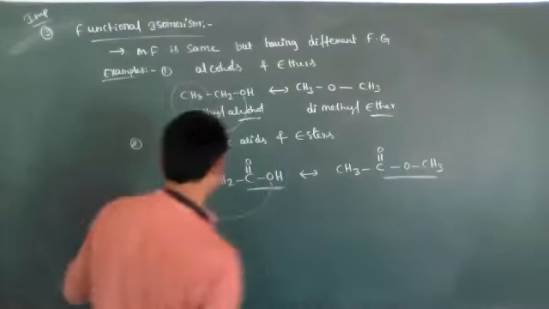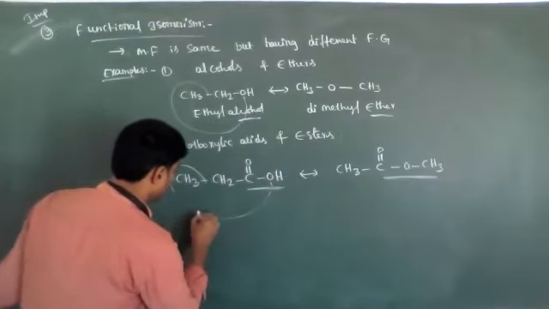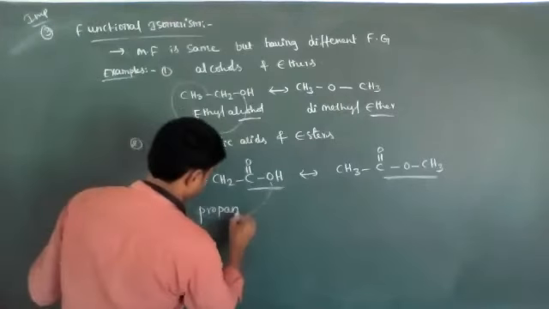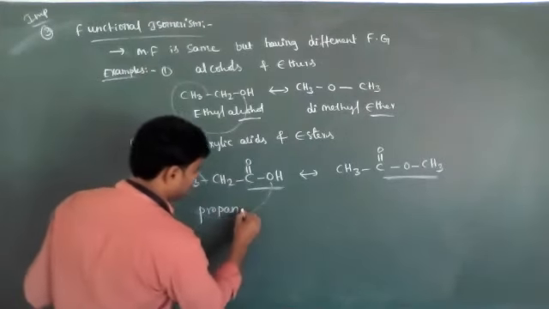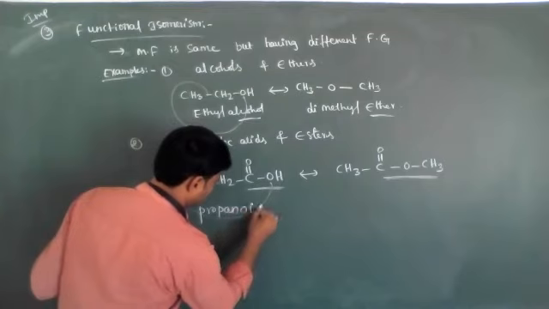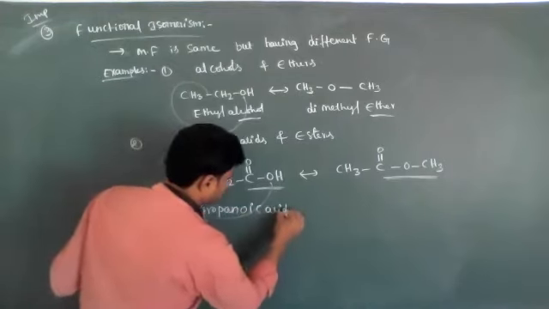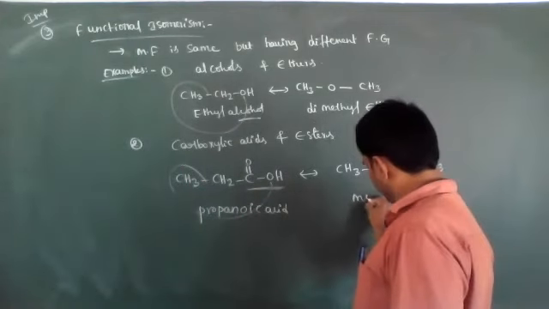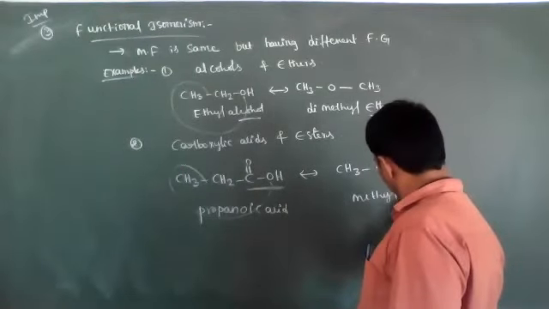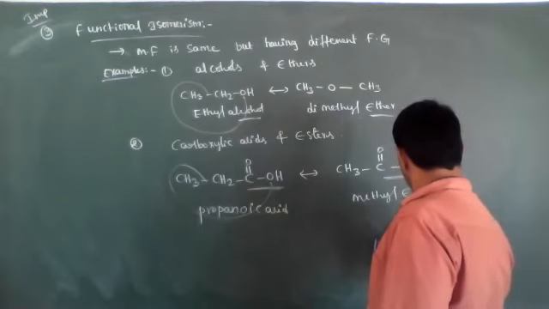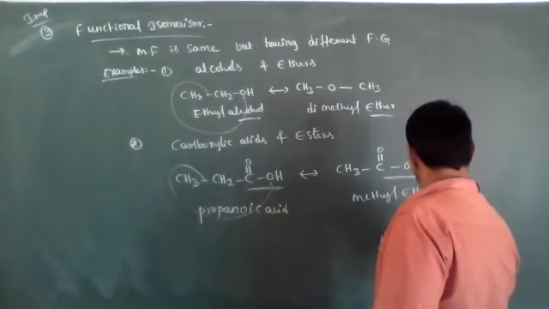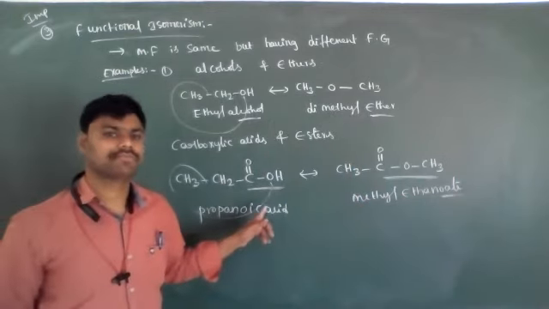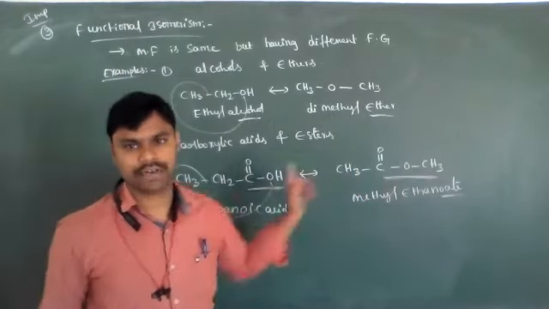That's why its name is propionic acid, propane-1-oic acid or propionic acid. The other name is methyl ethanoate. Molecular formulas are the same, but functional groups are different.